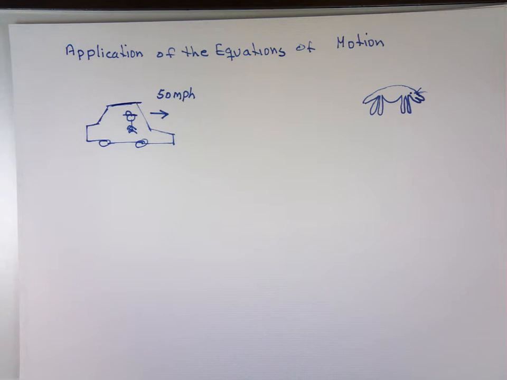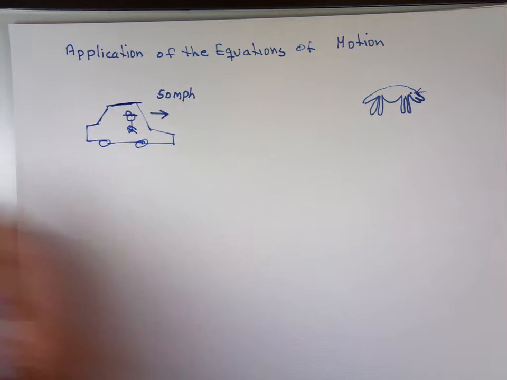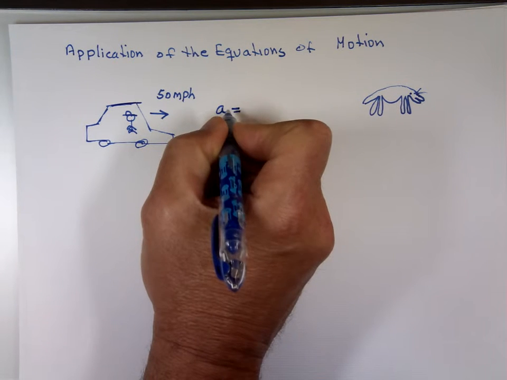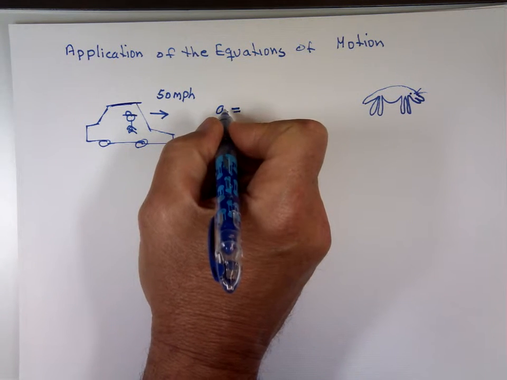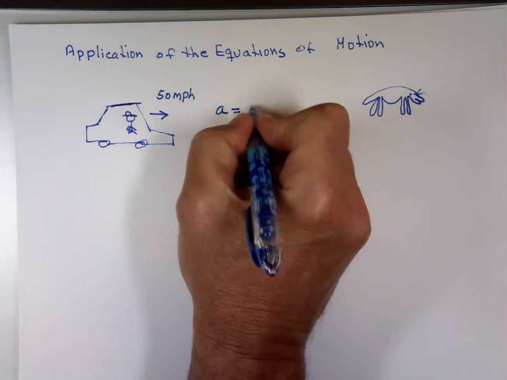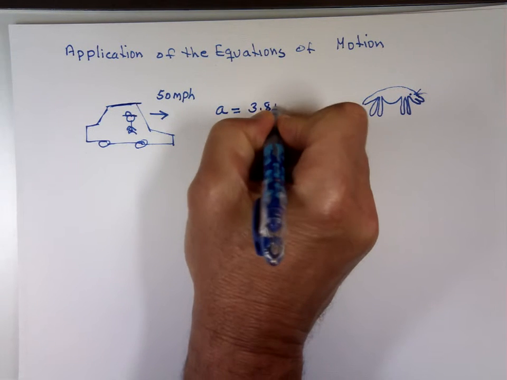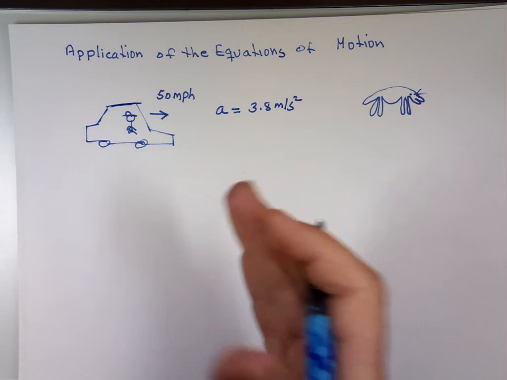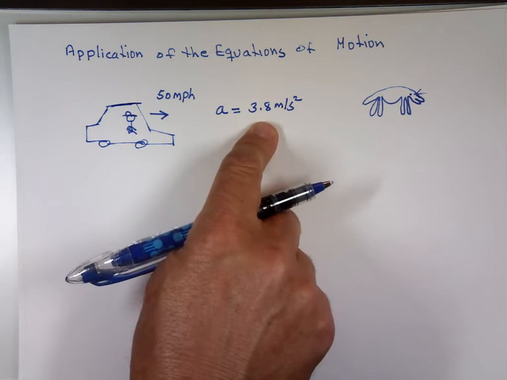Okay, so you don't want to kill the deer. You feel bad there. You apply the brakes. This particular car has an acceleration and deceleration at the rate of 3.8 meters per second squared. So when you floor it, it increases the speed at this rate.